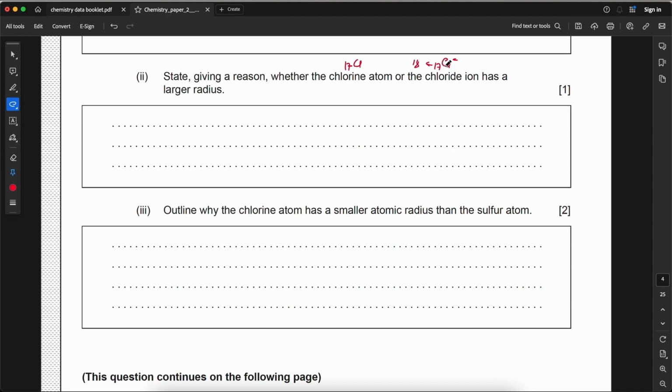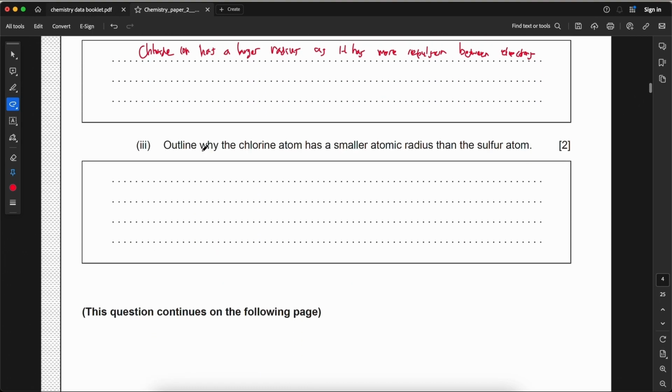So chloride ion has one extra electron, which makes the chloride ion have a larger radius, as it has more repulsion between electrons because it has one extra electron.